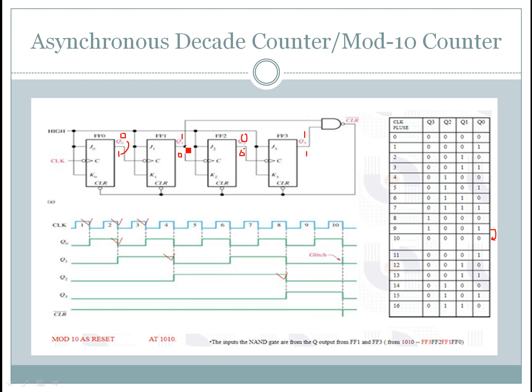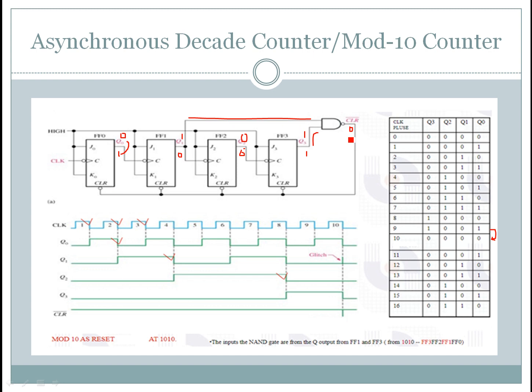Here the output of FF1, that is Q1, is connected to one input of the NAND gate, and the output of FF3, that is Q3, is connected to the other input of the NAND gate. Already you know that if all the inputs of a NAND gate are high, then the output becomes 0. So now the output of this NAND gate is 0. This output is connected to the clear input of all the flip-flops, and these clear inputs are active low. Active low means to clear the flip-flop we need to provide a logic low signal.